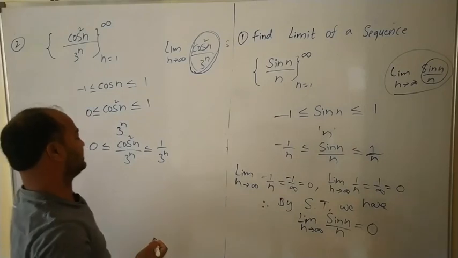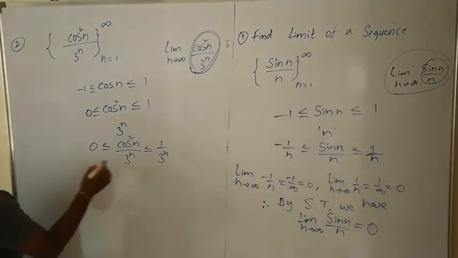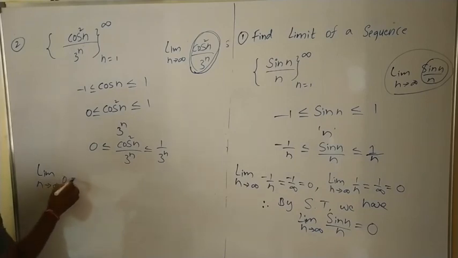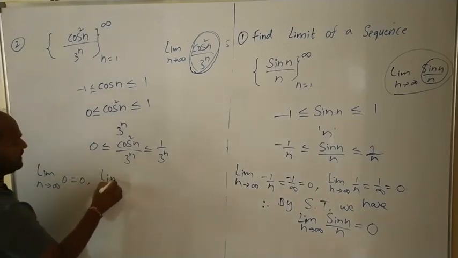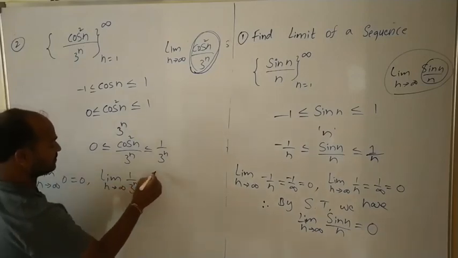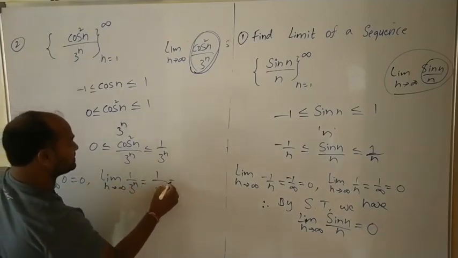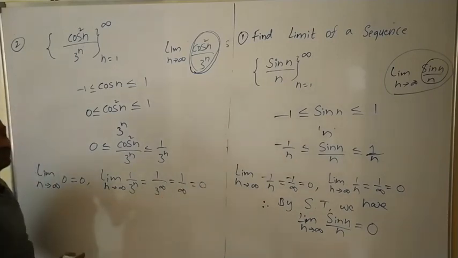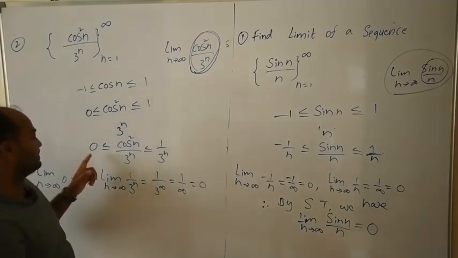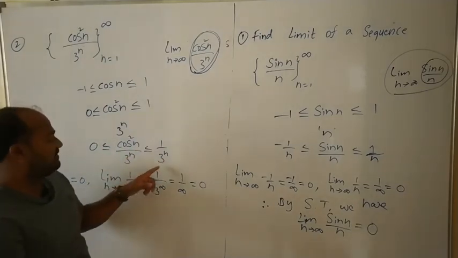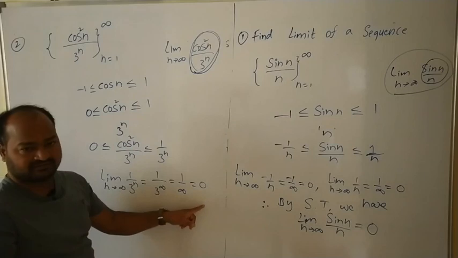Remember that. First let us find the limit as n tends to infinity of 0, which is always 0. Next, the limit as n tends to infinity of 1/3ⁿ is 1/3 to the power infinity, which is 1 over infinity, which is also 0. If you observe, 0 and 1/3ⁿ have the same limit, that is 0.